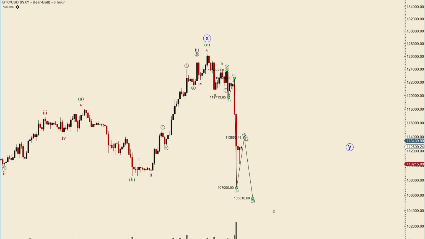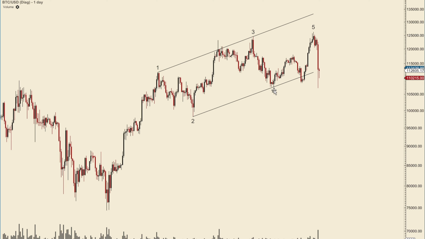So, all right, if we assume that this is the end of the bull market, can we finish here according to the rules? Well, what kind of a diagonal are we talking about here? You can't really tell if it's a contracting or expanding diagonal.